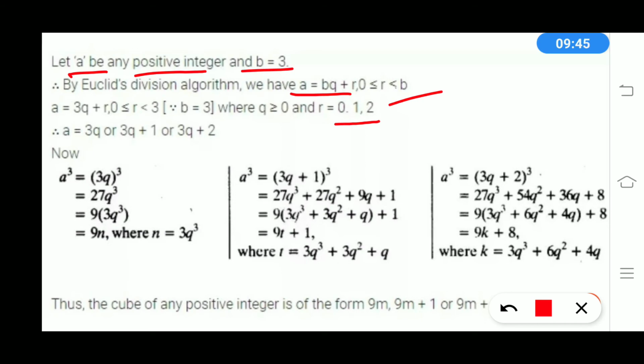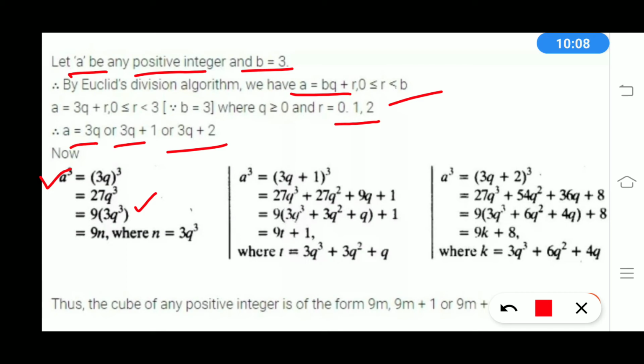Then a equals 3q, 3q plus 1 and 3q plus 2. Now the cube, a cube, that means (3q) whole cube, that is 27q cube. So 27q cube can be written as 9 into 3q cube. Again, if we take 3q cube as n, that means 9n.